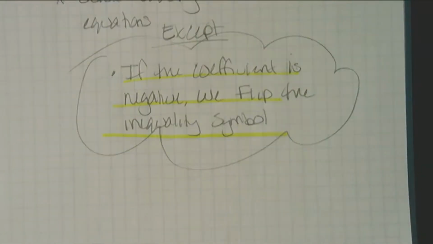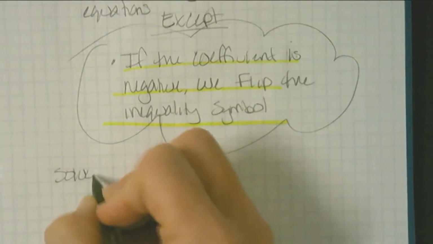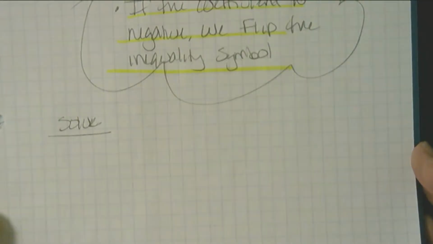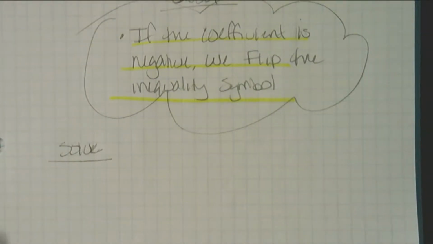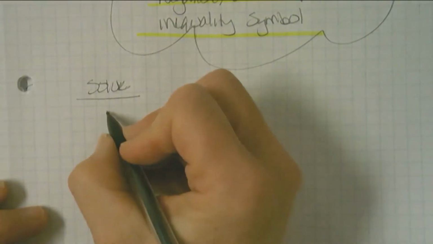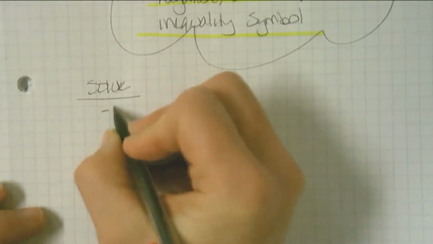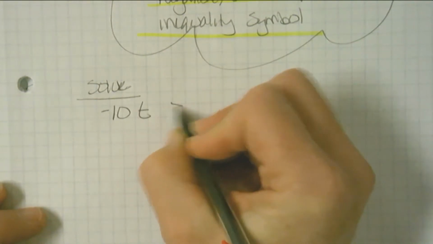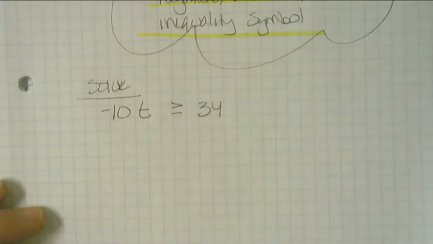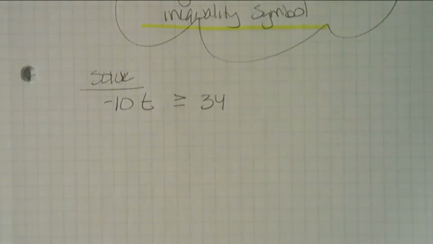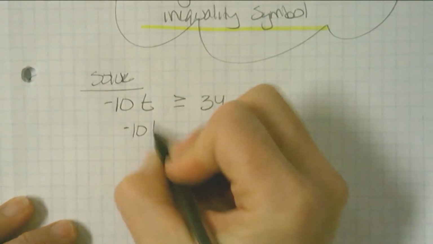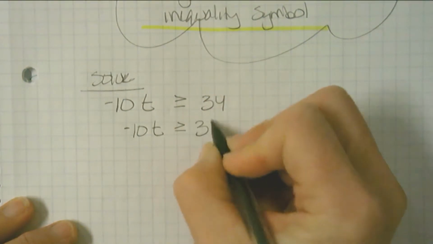So let's take a look at what the heck I'm talking about. So I want us to solve the following inequality. Who needs to see what's up there? Okay, so let's solve negative 10t is greater than or equal to 34. Okay, how am I going to solve this? We solve it exactly the same as we would an equation.